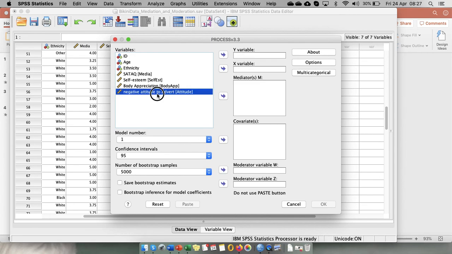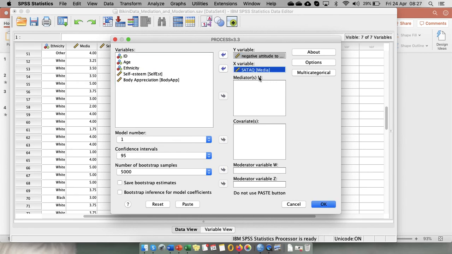We put our negative attitude to advert as a dependent variable. The X variable is the predictor variable. Our predictor variable is the media pressure. And then you have mediators and moderator variables. So we are testing body appreciation as a moderator variable, and we put our moderator variable in here.